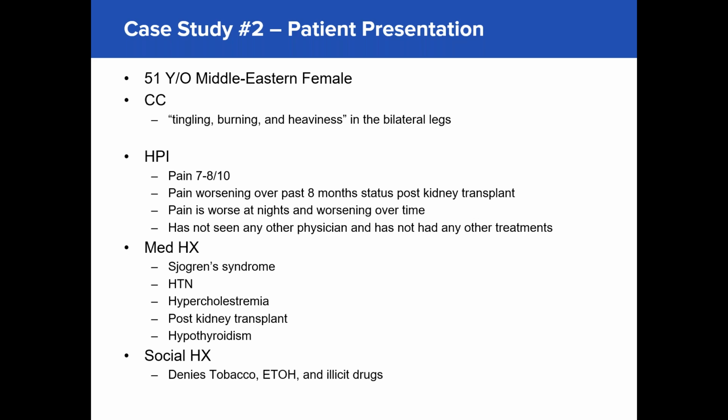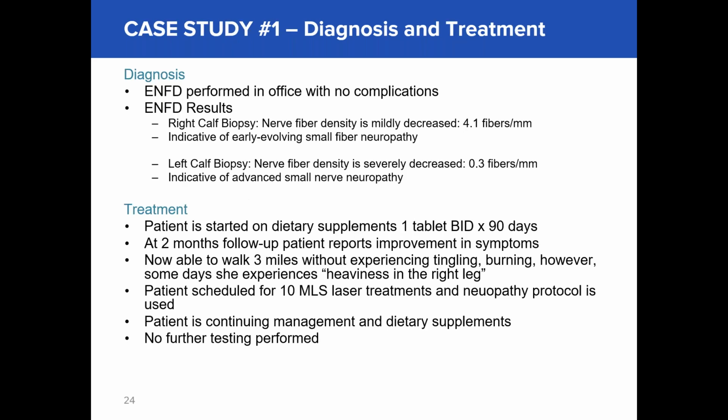She hadn't sought help or treatment for this before us. Her medical history included Sjogren's syndrome, hypertension, high cholesterol, of course the kidney transplant, and hypothyroidism. And again, she denied any smoking, drinking, or illicit drugs.